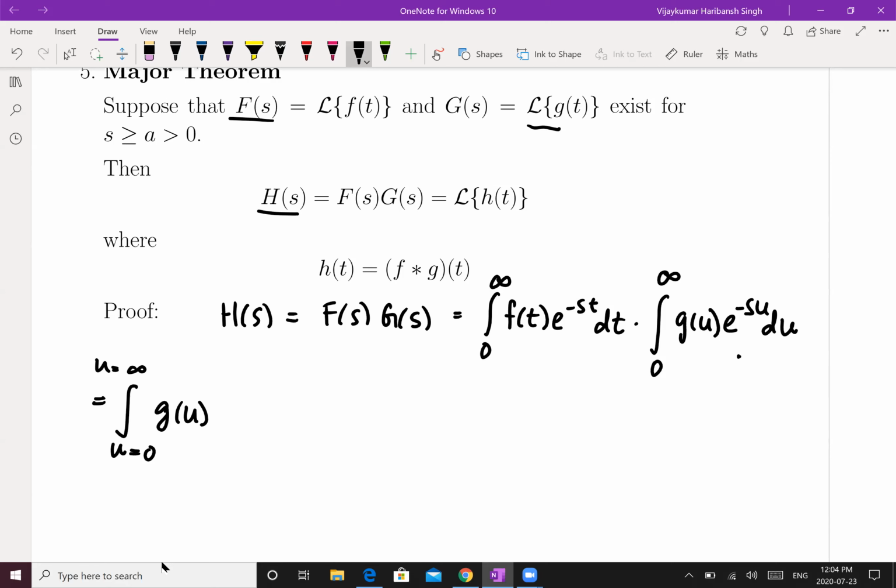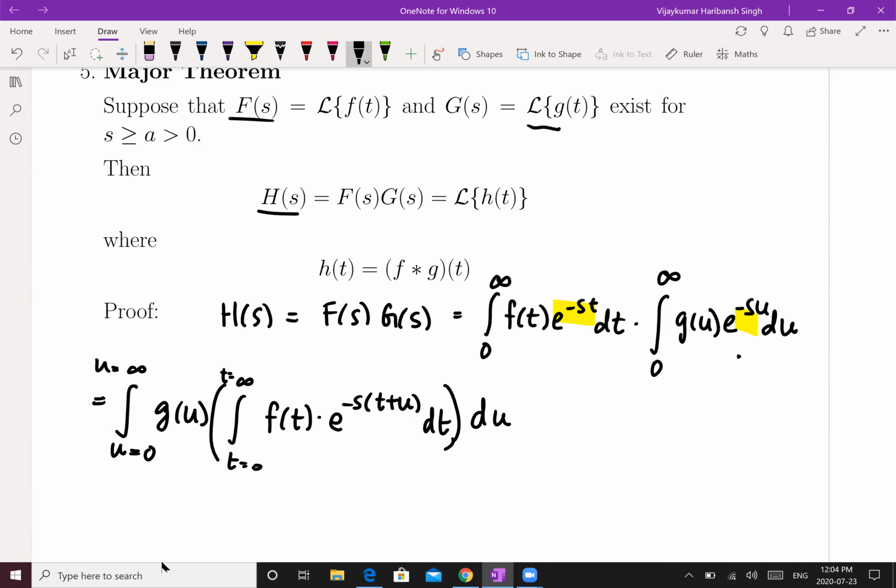And then we have for t going from 0 to infinity, f of t. And then I can combine these two together. So I get e to the power minus s of t plus u, and then I have dt, the whole t.